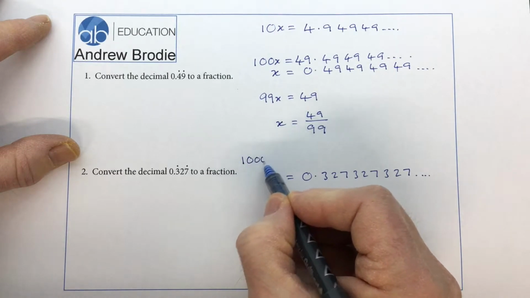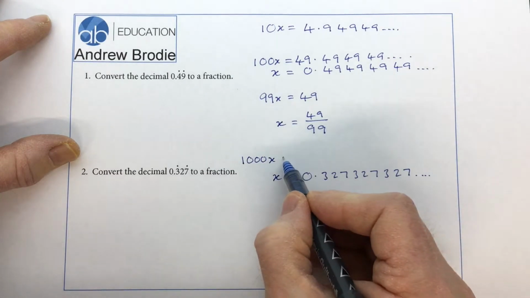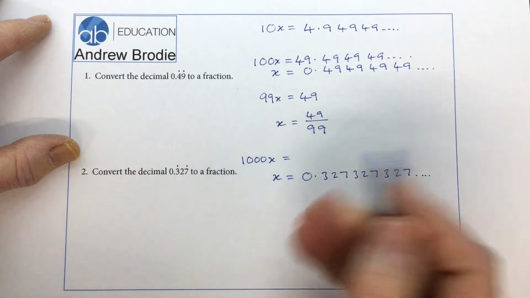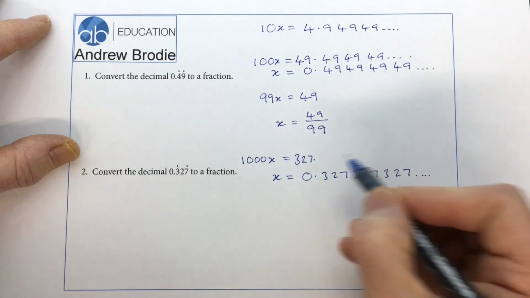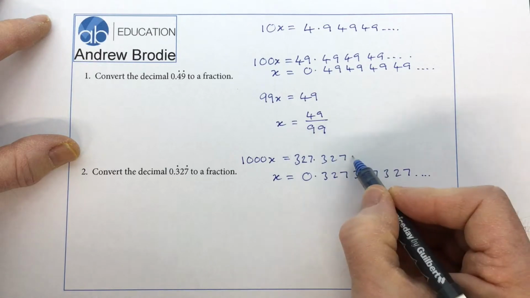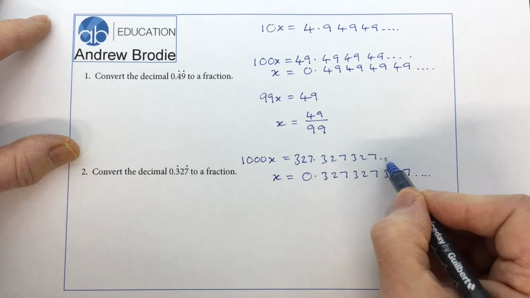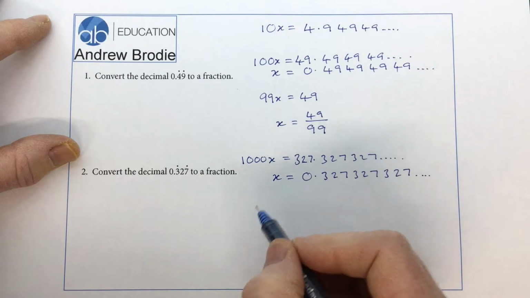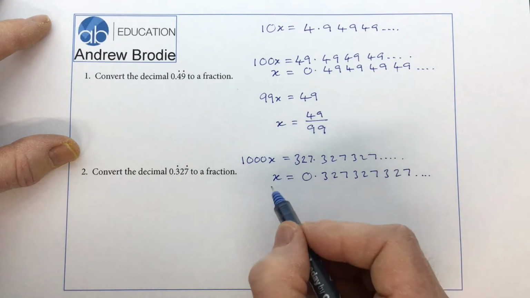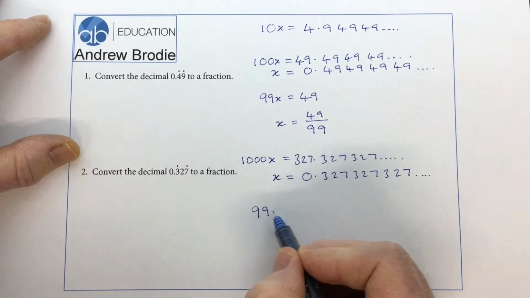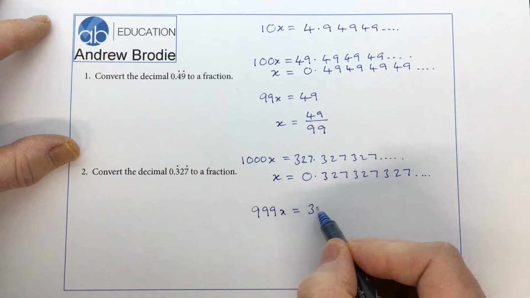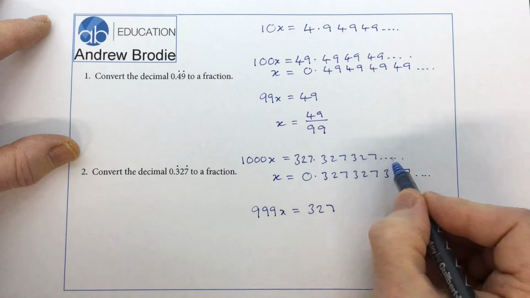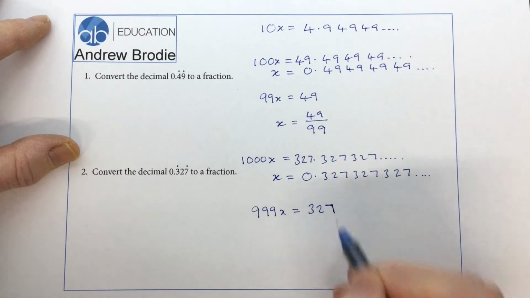So 1000 times x moves everything 3 places over, so that will be 327.327327 and so on. Subtracting, 1000x take away x is obviously 999x, and that's going to be equal to simply 327 because the recurring parts are knocking each other out.